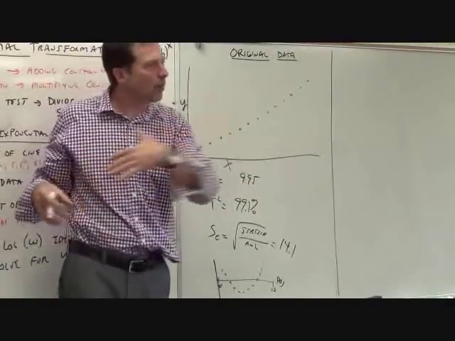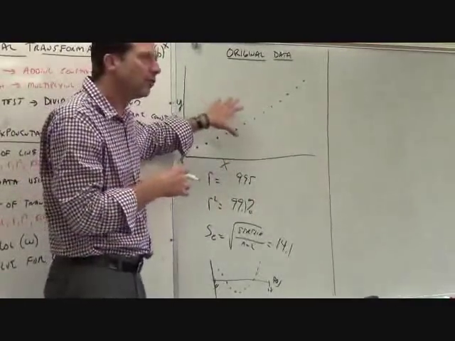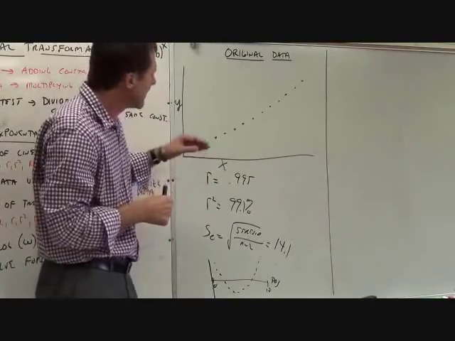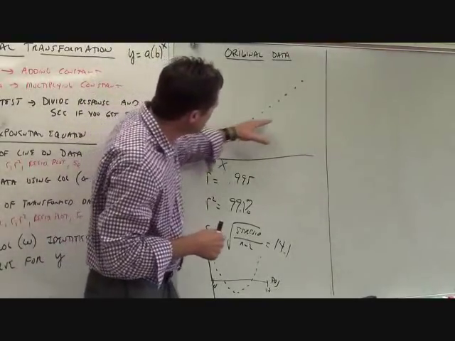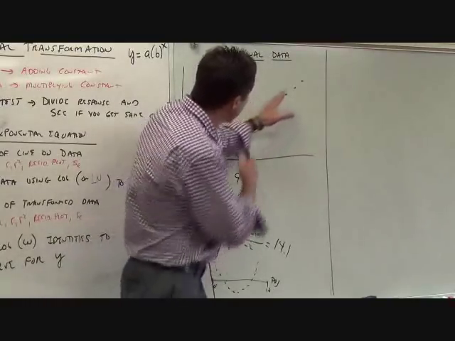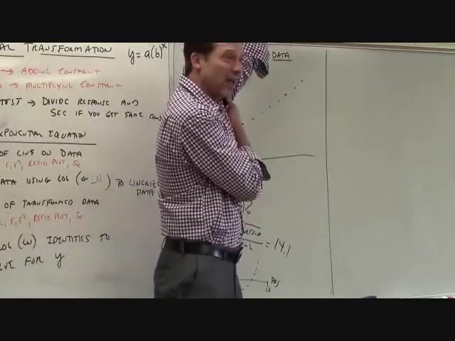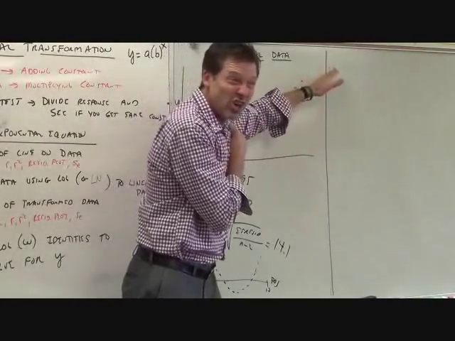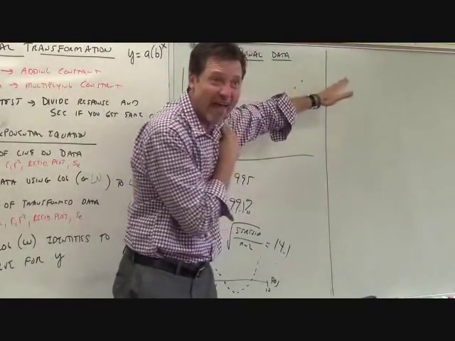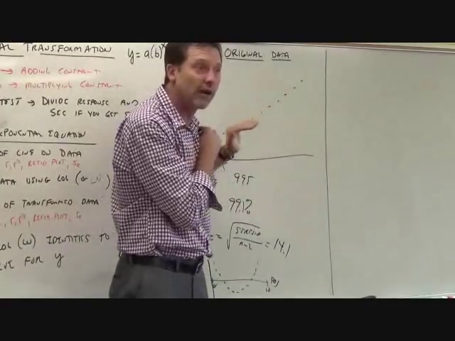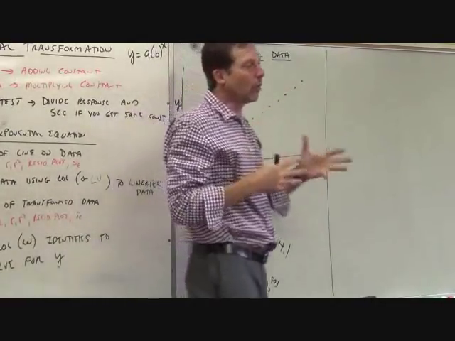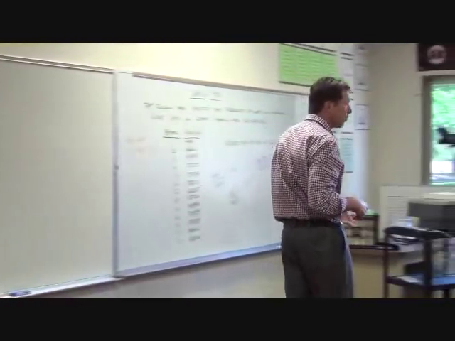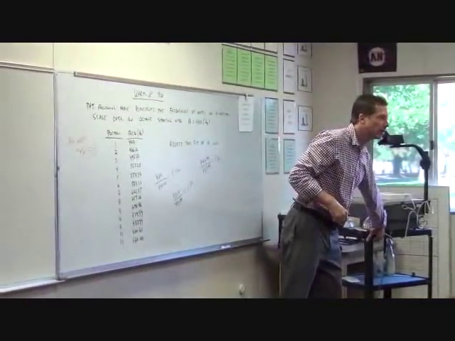So when I'm looking at this, and don't peek ahead on me here, what's preventing this from being a straight line? As I look at it, the straight line would be kind of going like this, but the y's are going too fast, aren't they? They should be kind of calming down a little bit. If the y's would just calm down a little bit, not go so fast, then this thing might have been a straight line. So what is one thing that you think we could do to that response variable, to those y's, that would calm it down?